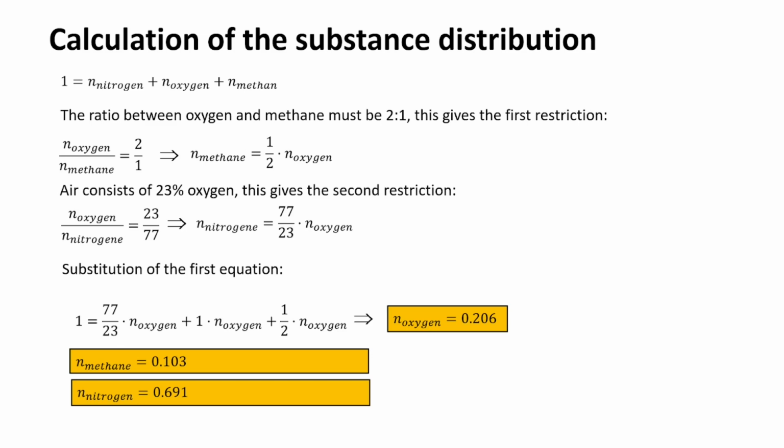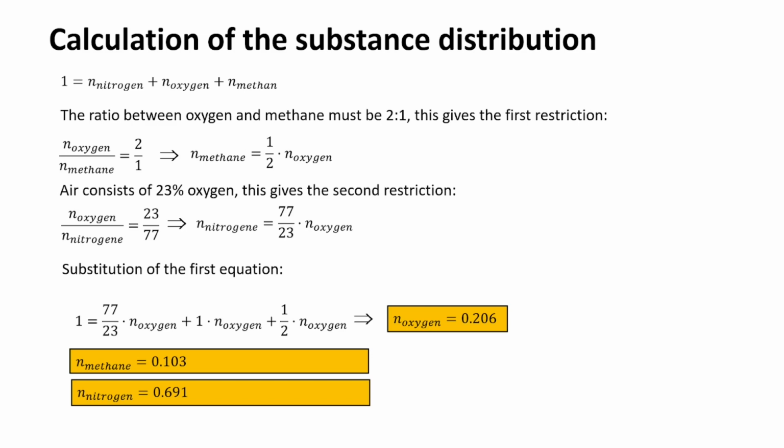The second restriction is that we are using air. The air consists of 23% oxygen, so the ratio between oxygen and nitrogen must be 23 divided by 77. With this, we can make a substitution into the first equation and solve it again.